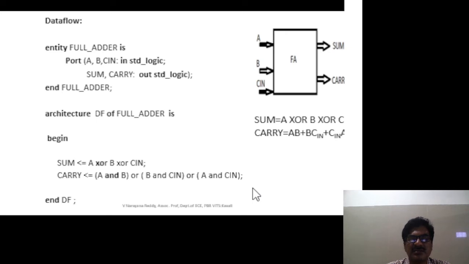Each statement must end with a semicolon. Then end architecture name. What is the architecture name here? DF, I have taken DF. So this is the entity declaration and data flow architecture body for the full adder.